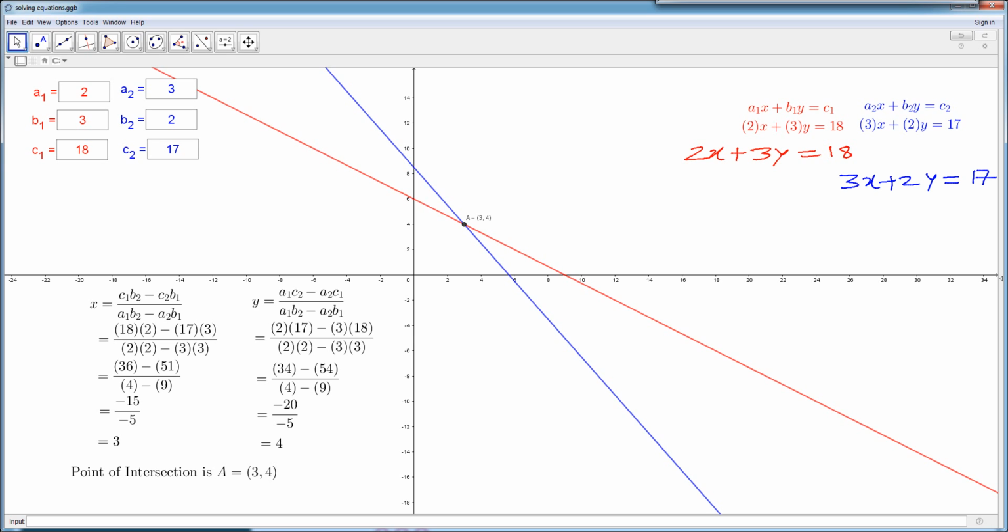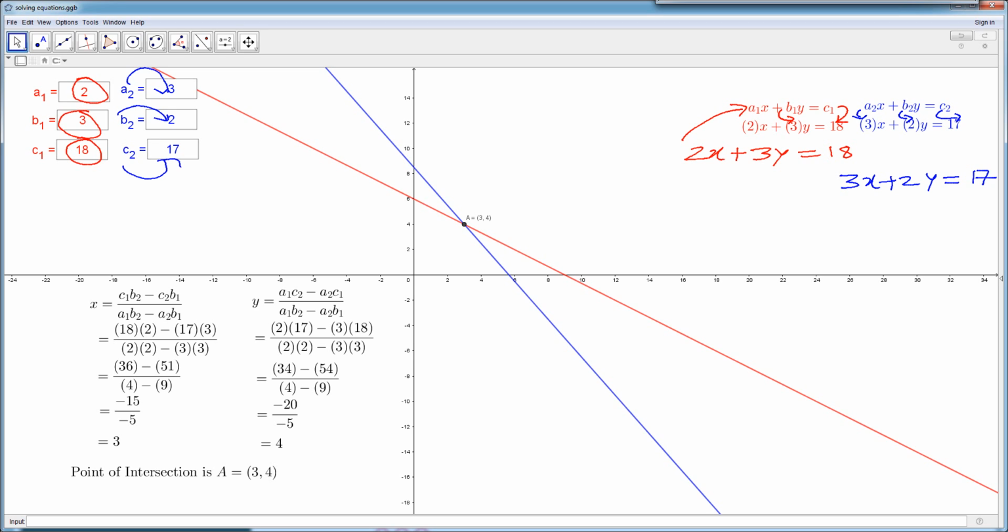The value of a1 is 2, the value of b1 is 3, and the value of c1 is 18. The value of a2 is 3, the value of b2 is 2, and the value of c2 is 17.